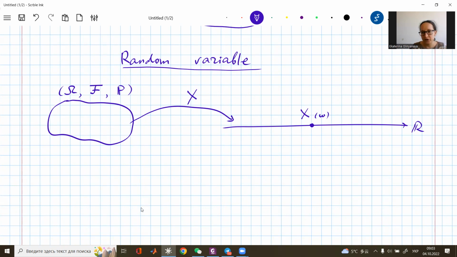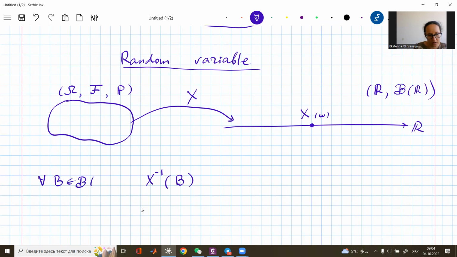In this case, we consider the space of values, so the line R with Borel sigma field on it. And to define a random variable, we should check that the preimage of any Borel set, so if I take any Borel set B on the real line, then the preimage, so what is it?